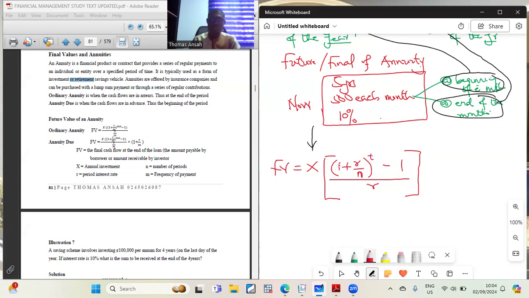Now, what we are now going to do is to bring in the element of the compounding. So I think the formula that we use now is bringing in the NT, and here we will also divide this side over N.